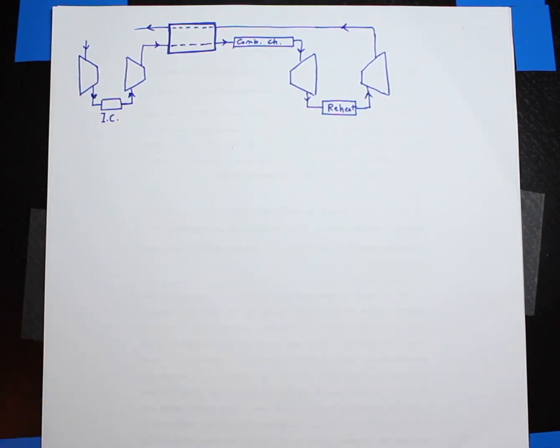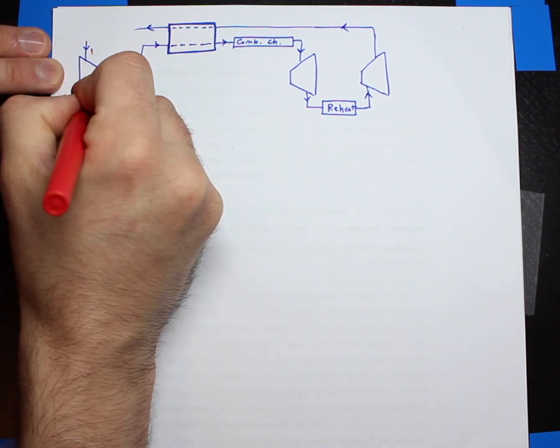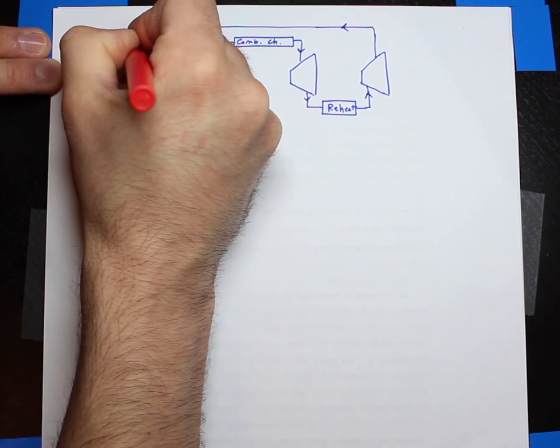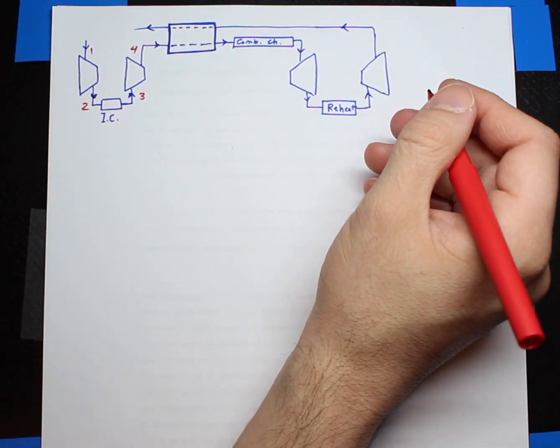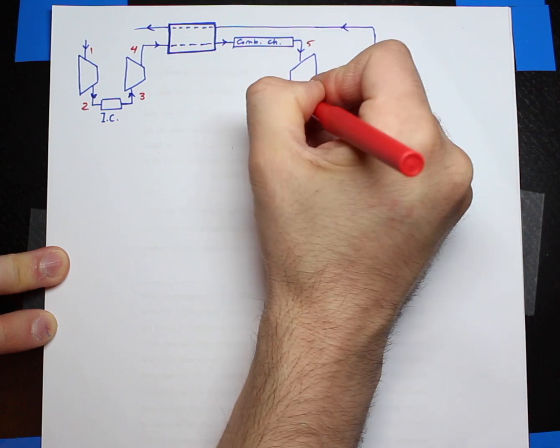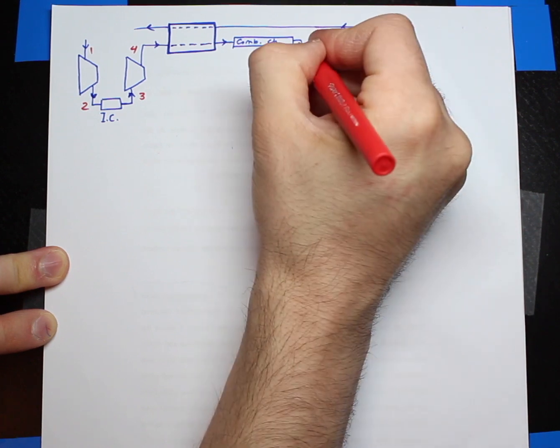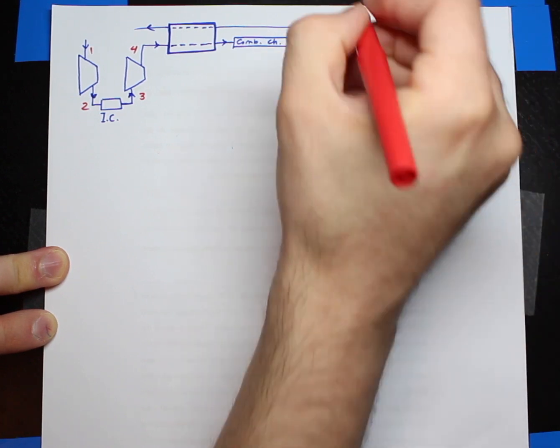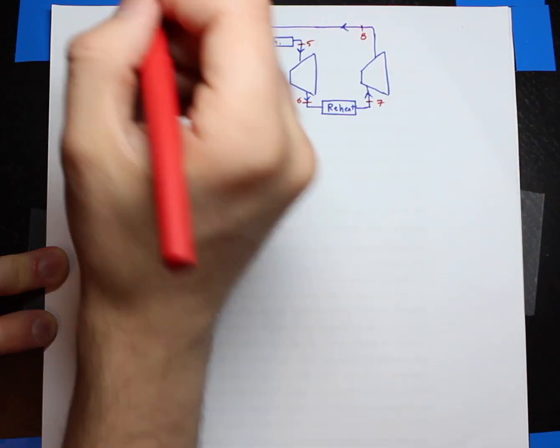And what I'm going to do, I'm going to use the same points that I had before in the previous schematic. Let's say 1, 2, 3, 4. Okay, so before the turbine, it was 5, 6. So 6 is here, 5 is here, 7, 8.